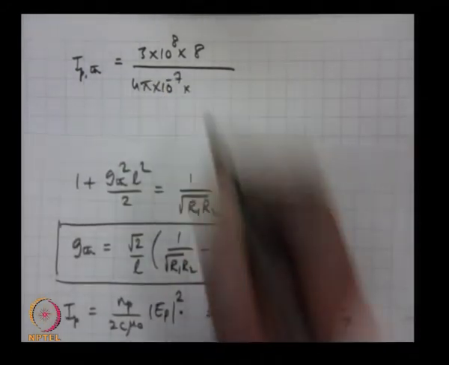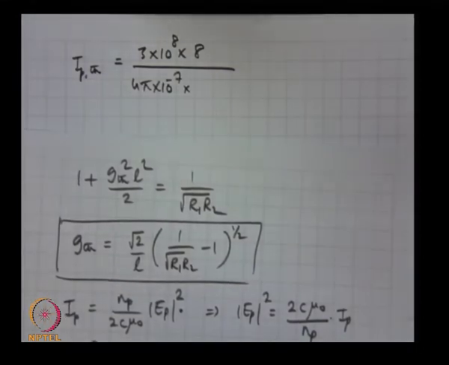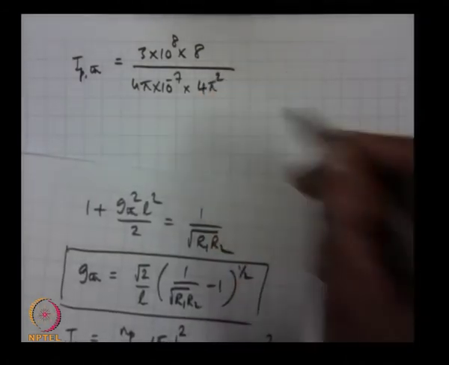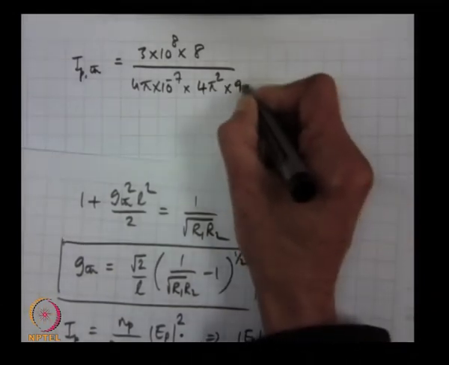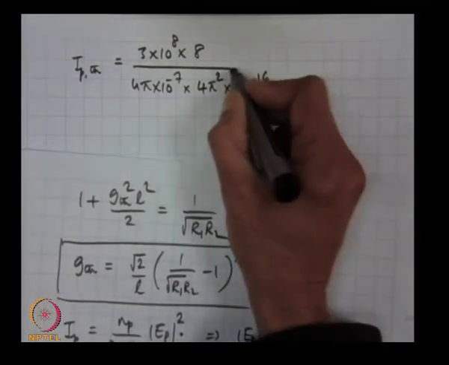Now omega S is 2 pi C by lambda S. There is no refractive index coming in omega S. It's a frequency. So I will have 4 pi square C square by lambda S lambda I.